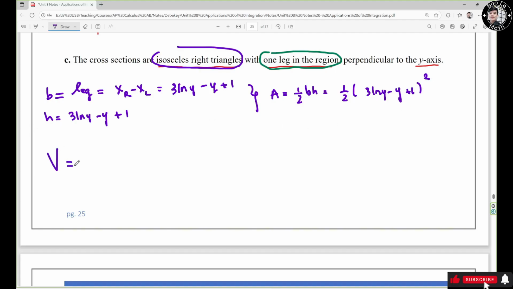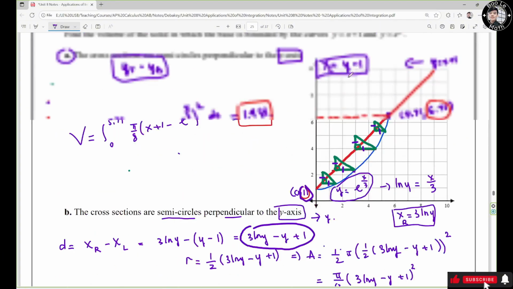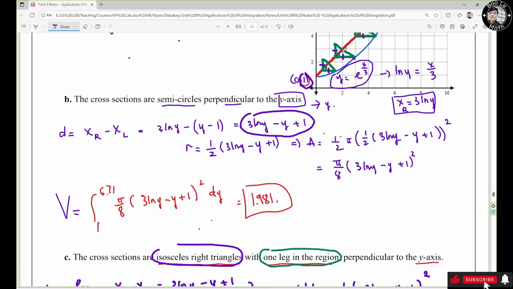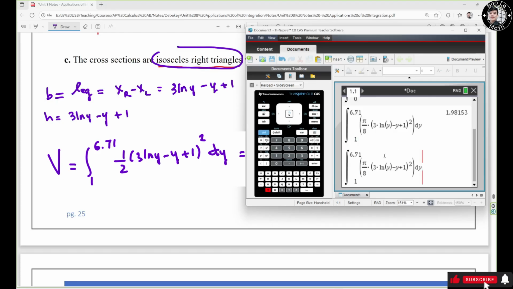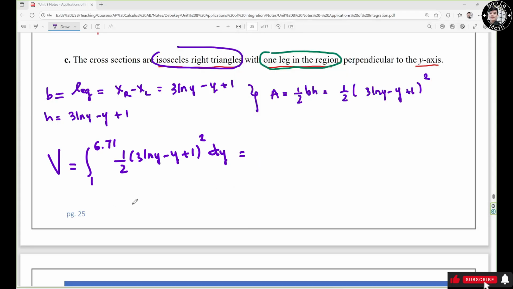So the volume should be the integral from 1 to 6.71, because this one is in terms of y. Now I'm going to bring up the calculator. So this one right here should have 1/2. Enter. It's going to be 2.52.